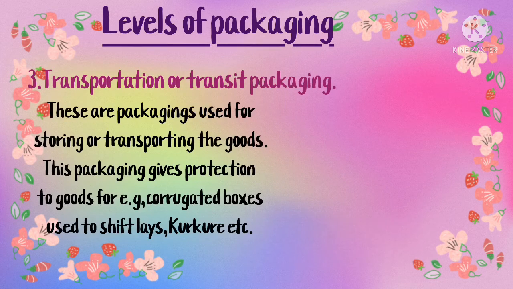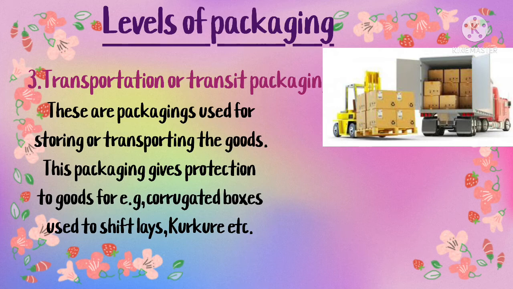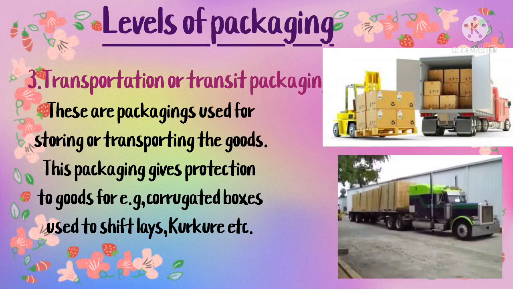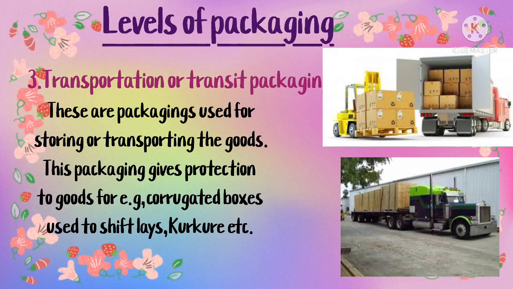And the last level, the third level, is the transportation or transit packaging. This means the packaging used for storing or transporting the goods, and this packaging gives protection to the goods.